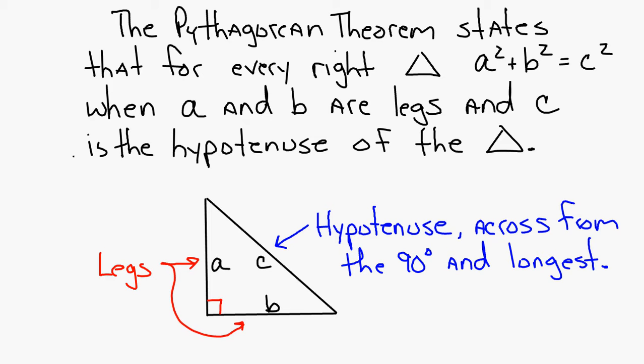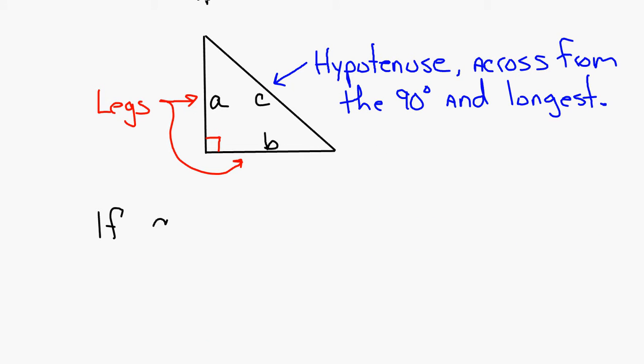And before we go any further, let's get this in your notes too. If a squared plus b squared is greater than c squared, the triangle is acute.